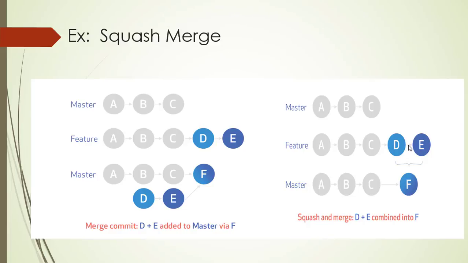It will give you a new ID, F, which matches the changes. This is how it commits the changes into the master branch. So squash merge condenses the history of the changes into your master branch.